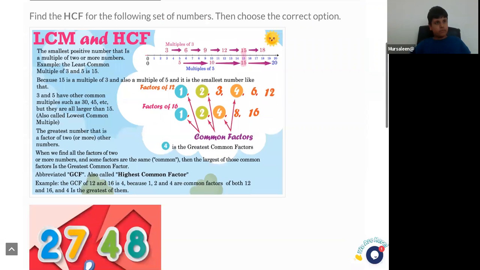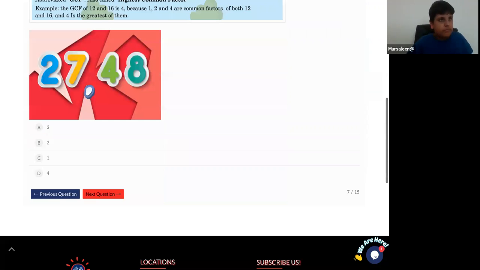Muslim, have a go at this one as well. So find the highest common factor for these two numbers. 3.